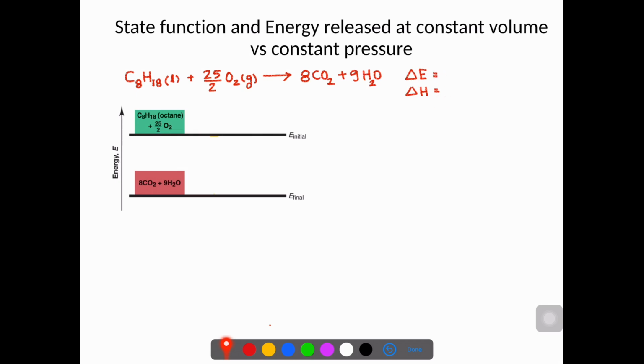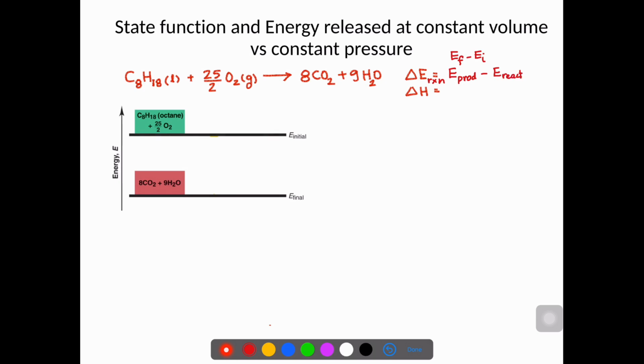So delta E, you can call it delta E reaction if you want. It is basically the change in energy between the products and the reactants. Delta is always final minus initial. So the final here means our products. So it's the products energy minus the reactants energy.